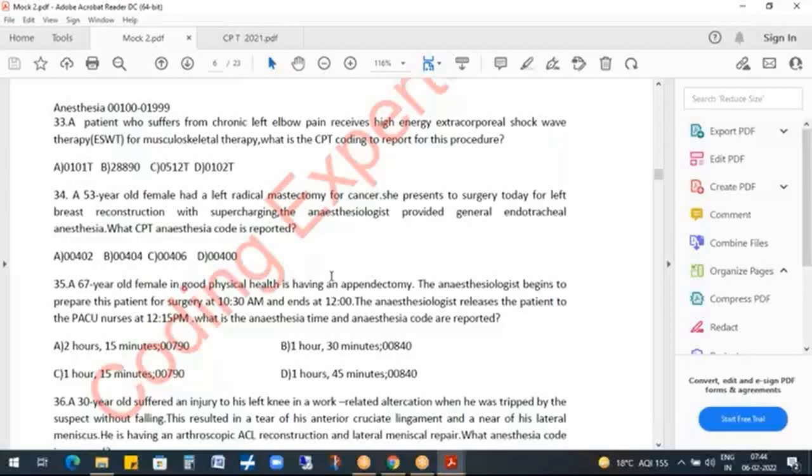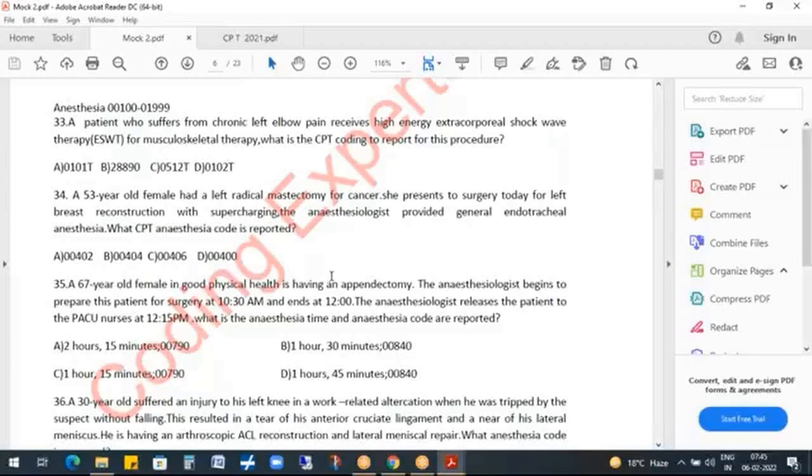Understood? Here there is no plantar fascia, and why am I telling there is no plantar fascia? Because in the reason for visit, what is the problem the patient is having? Chronic left elbow pain. Yes or no, Geeta? Yes, sir. If it is chronic elbow pain, then plantar fascia comes under foot.